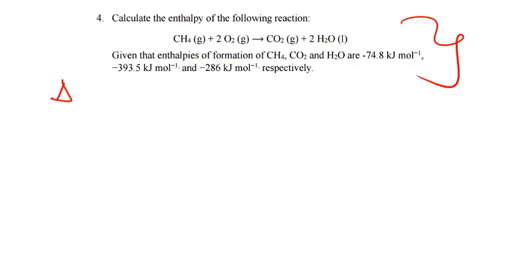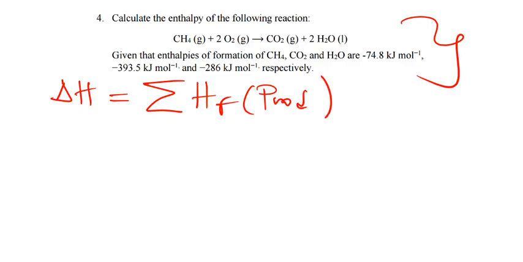So the change in enthalpy is given as the summation of the enthalpies of formation for the products minus that of the reactants. Now, one thing that you have to know is that elements existing in nature don't have an enthalpy of formation. Their values are zero. That's why if you look at the given values, we don't have any value for oxygen, because oxygen exists naturally.